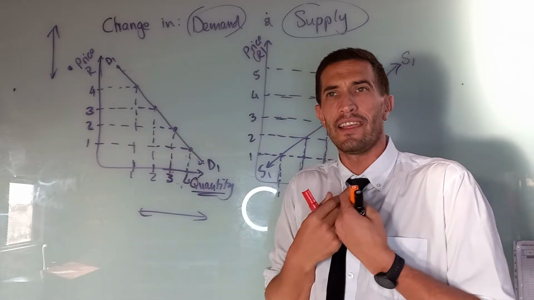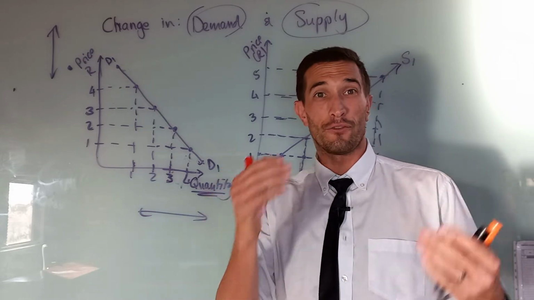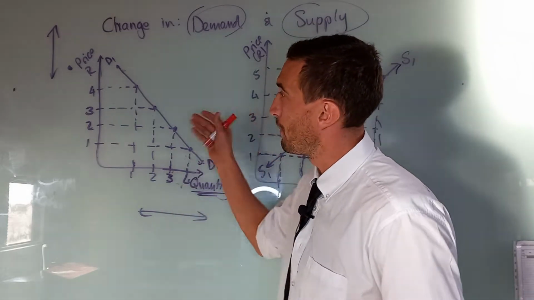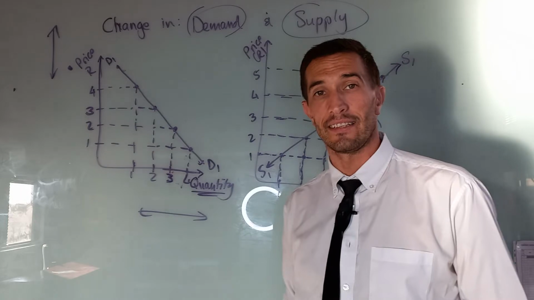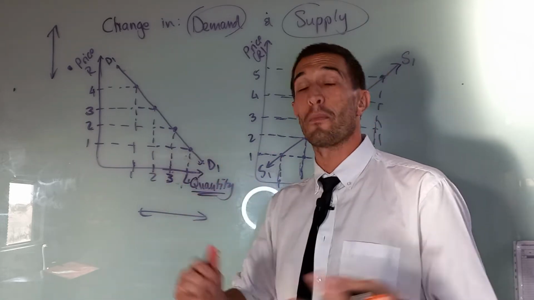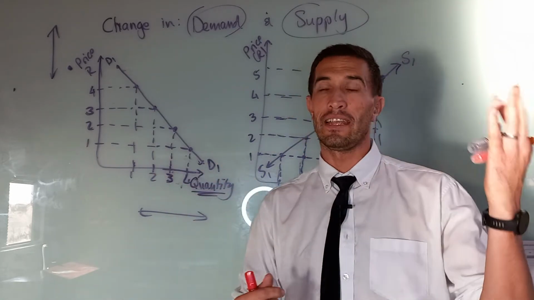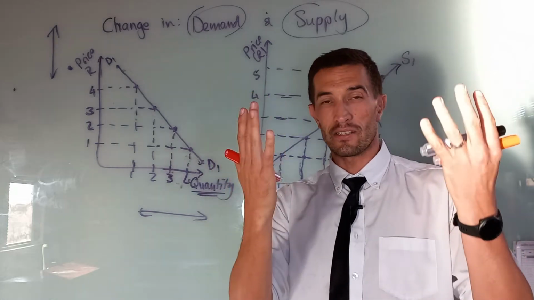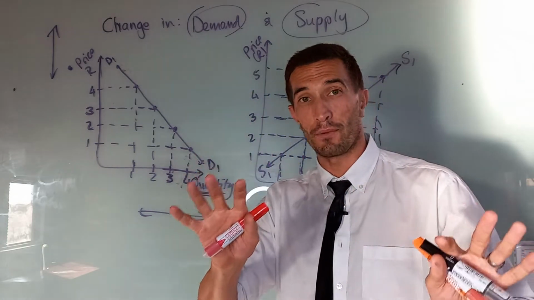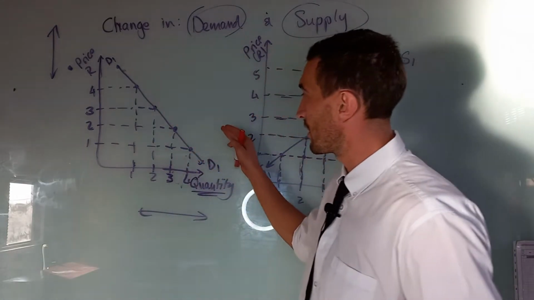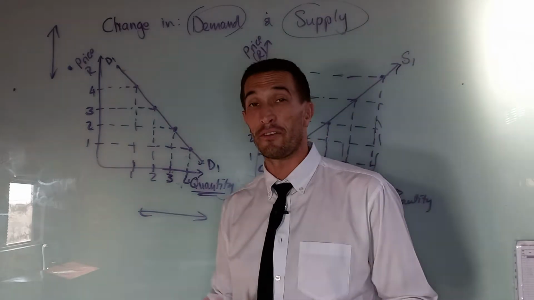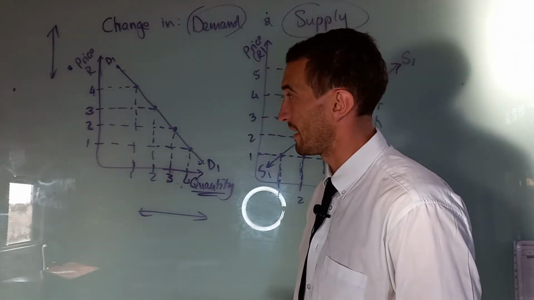For example, if I sell coffee and the price for tea decreases, then more people will want to actually drink tea, right? Or let's say competitive products. If I've got Nescafe and Jacobs, there's constantly this battle.